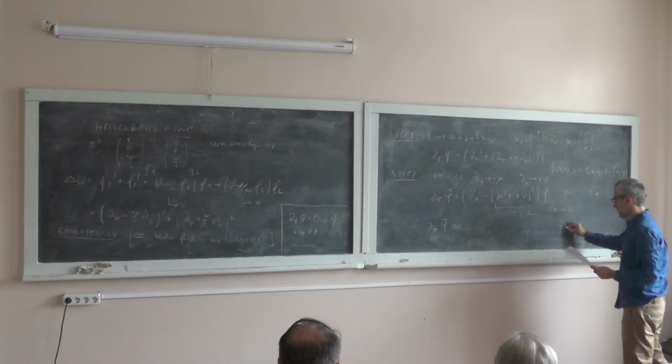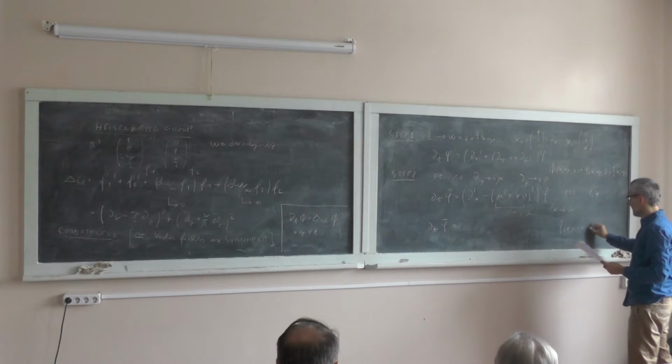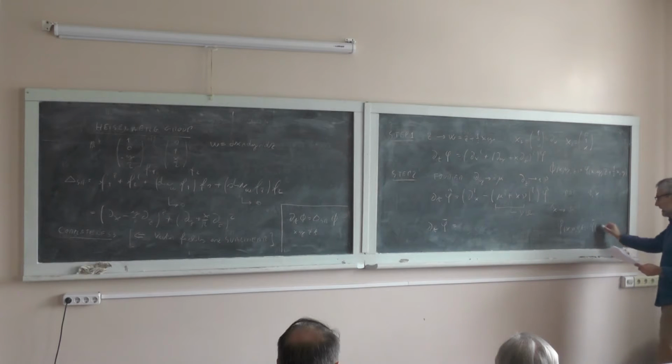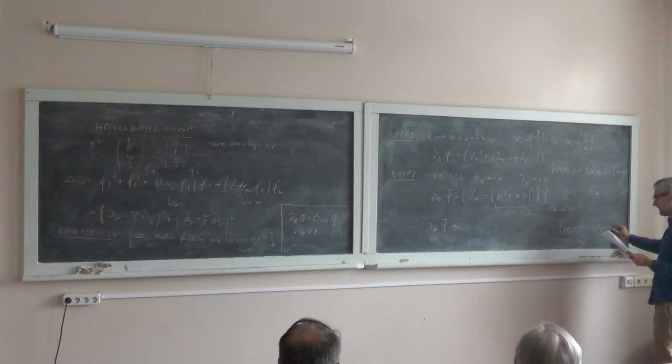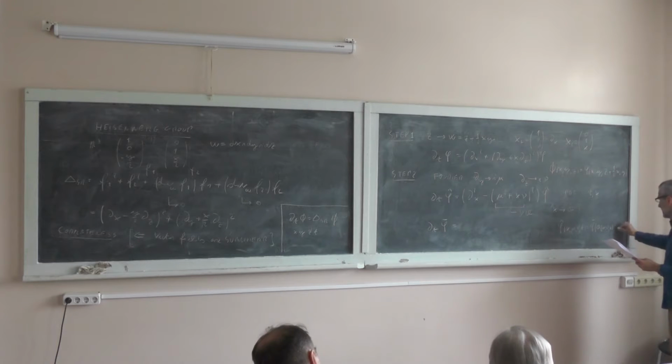So phi hat of x and mu and phi will be this phi bar of theta over nu and x, and then phi bar depends not on mu anymore, it depends on nu and on t.